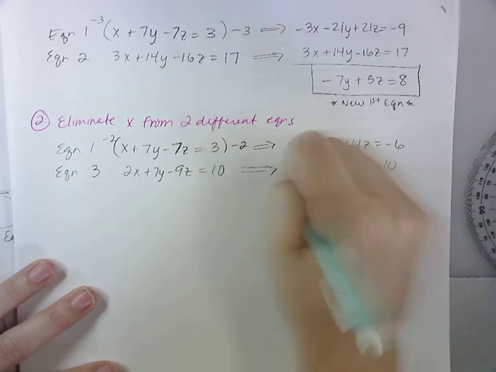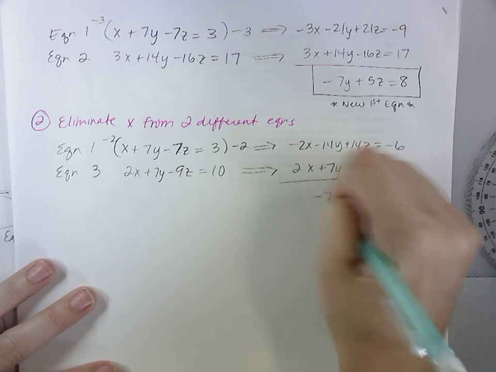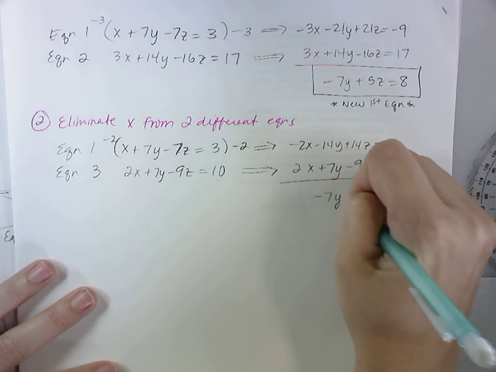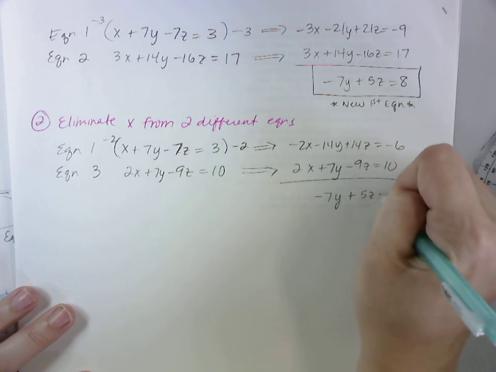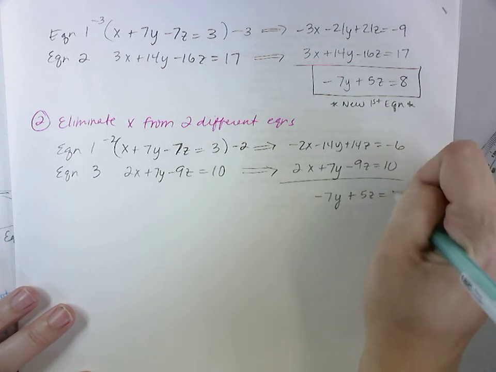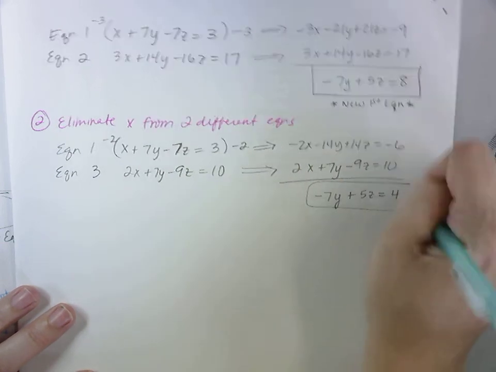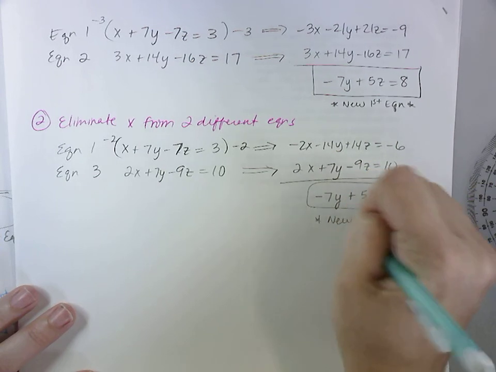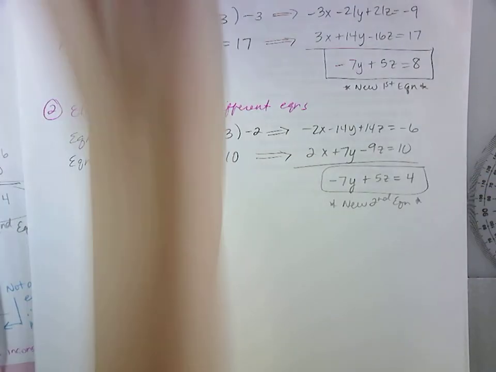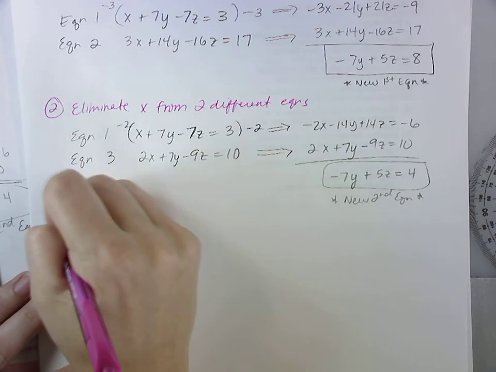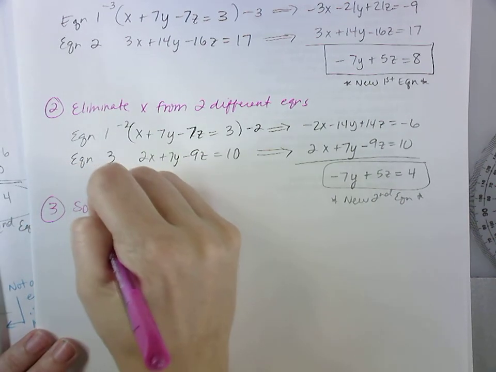Okay, so then I'm going to get negative 7y plus 5z equals 4. This is your new second equation. And then your last step is just to solve the new system of equations.